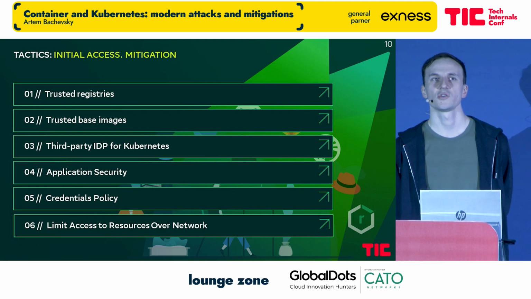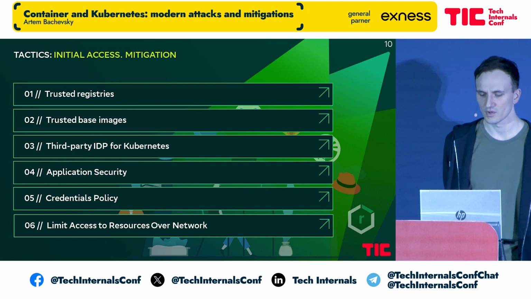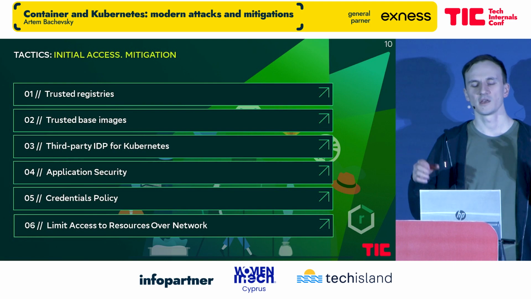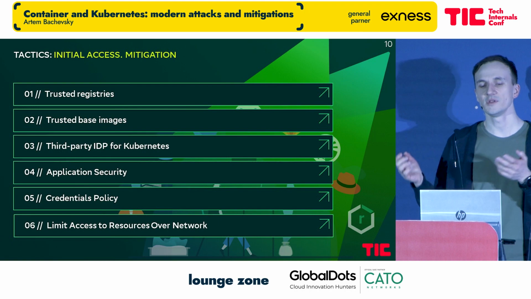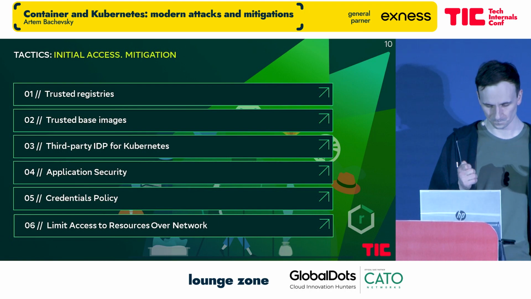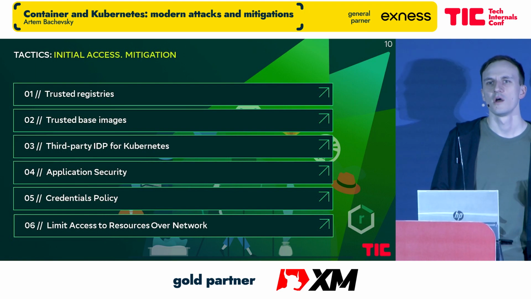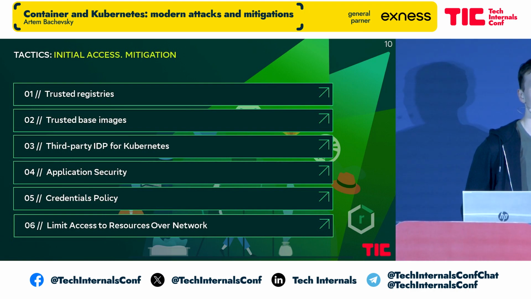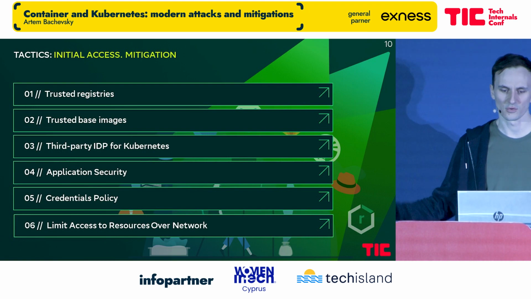And also an approach like software composition analysis helps you mitigate public vulnerabilities that you can find in frameworks or libraries that you use. By statistics, about 70% of your application is not your code, it is external code that you use from open source or something else.